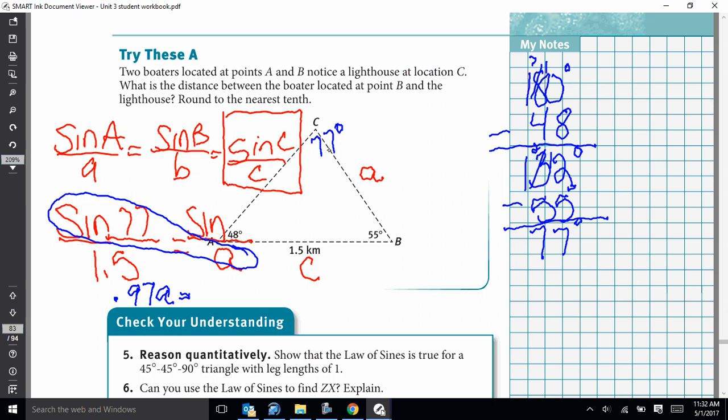And then we're going to take the other side, 1.5 times sine of 48. What is it? 1.11? Oh, for A?